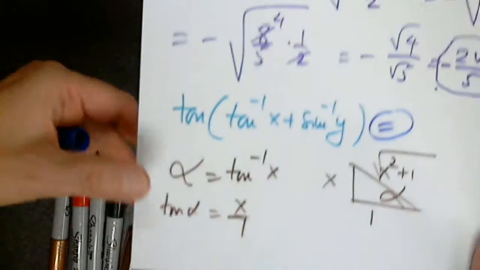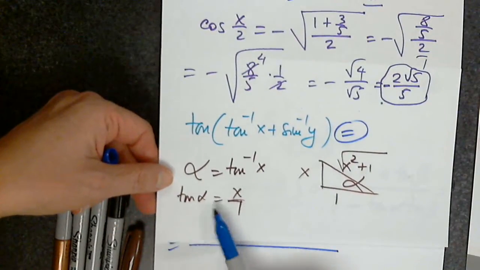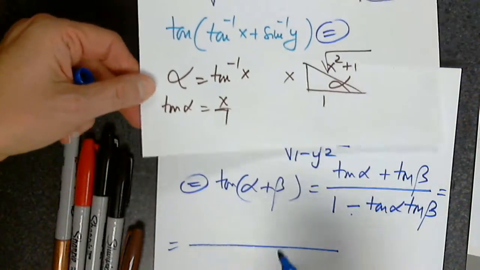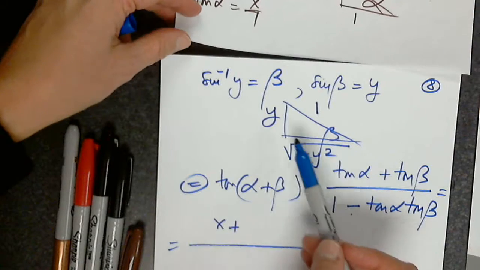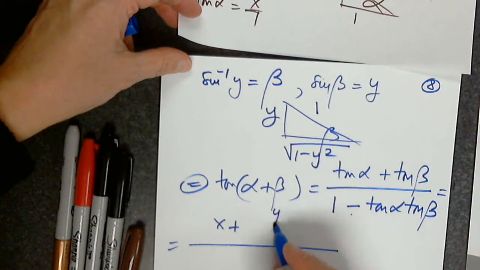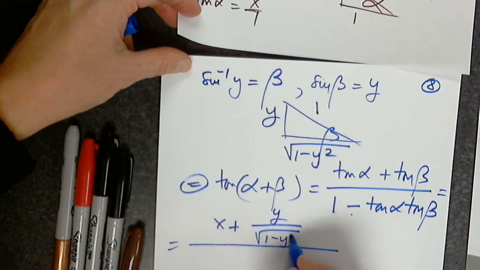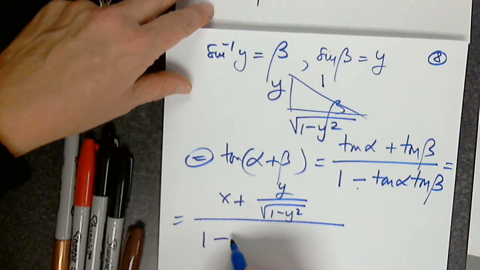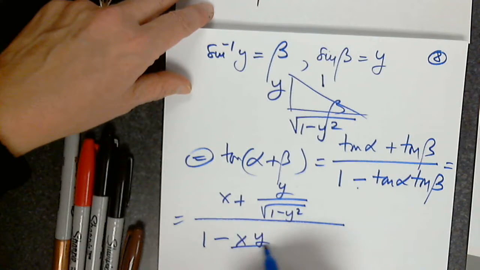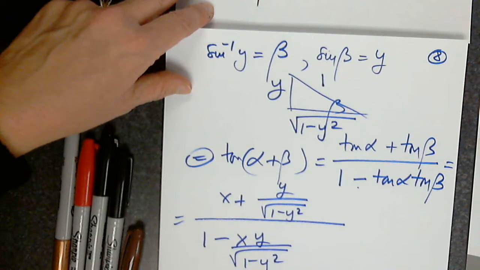Tangent alpha, I'm going back to alpha. Right here, it's x. Plus tangent beta. Tangent beta is y over the square root of 1 minus y squared. All I have to do is copy them again here. 1 minus x times y over the square root of 1 minus y squared.